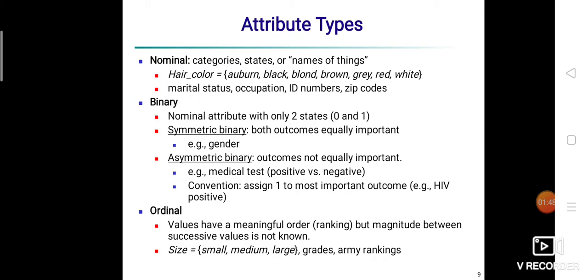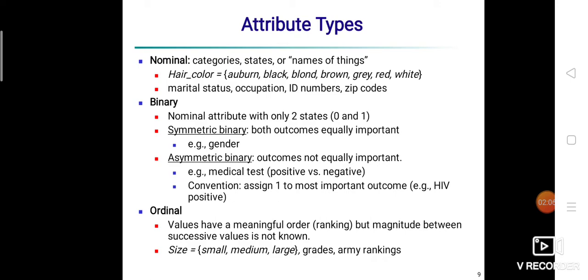Next that comes into the picture is your ordinal attributes. With the ordinal scale, the order of the values is what is important and significant, but the difference between each one is not really known.